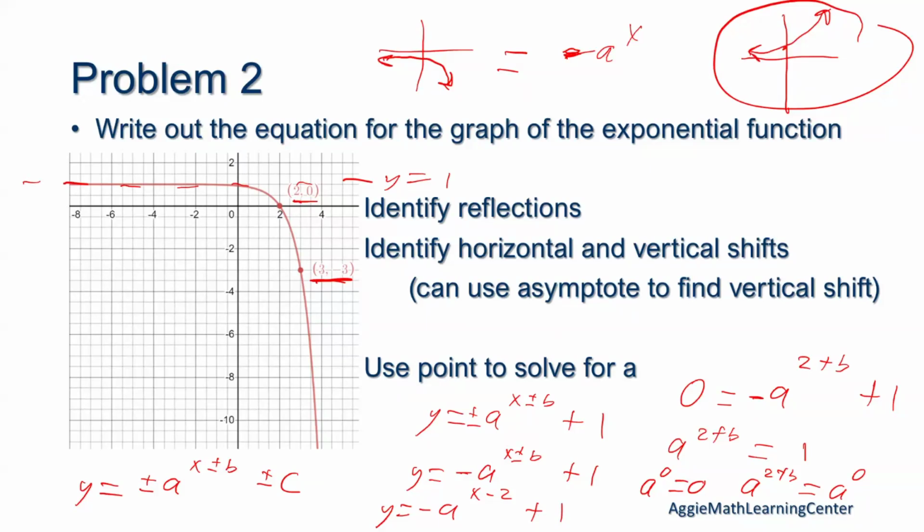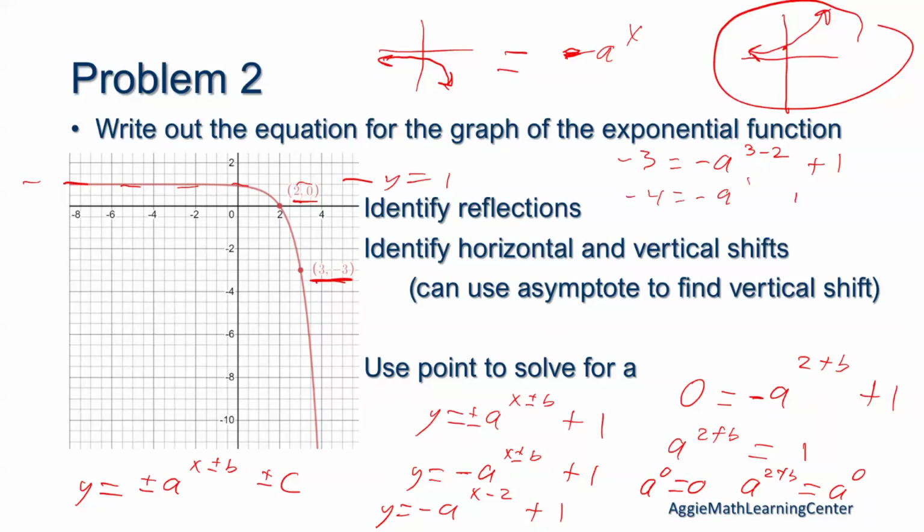I'm going to move up to this space here. So if you have -3 as the y value, with -a, x value is 3, plus 1. If we solve for a, you subtract the 1 over, so you get -4 equals -a to the first power.